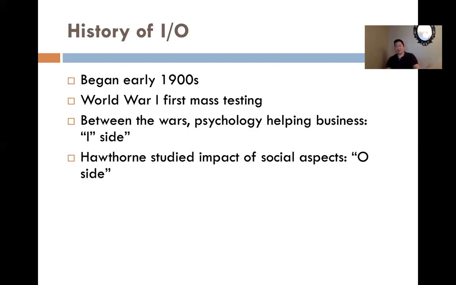So IO started in the early 1900s. There was some personality testing and intelligence testing applied to the workplace, but it wasn't that well known. But then, as we progressed into World War I, all of a sudden IO psychologists became really important.